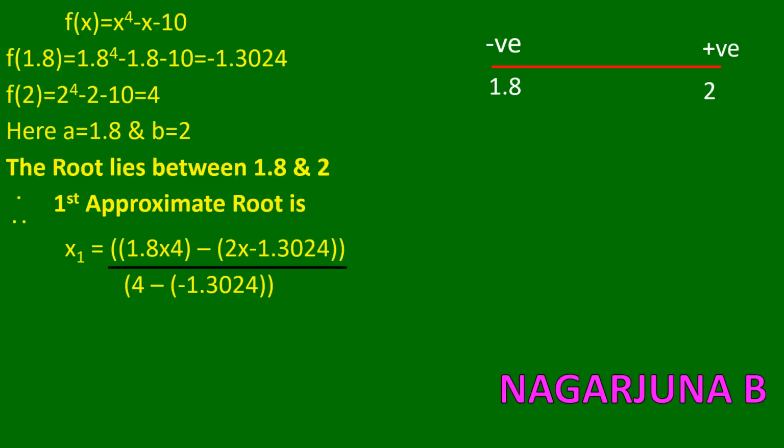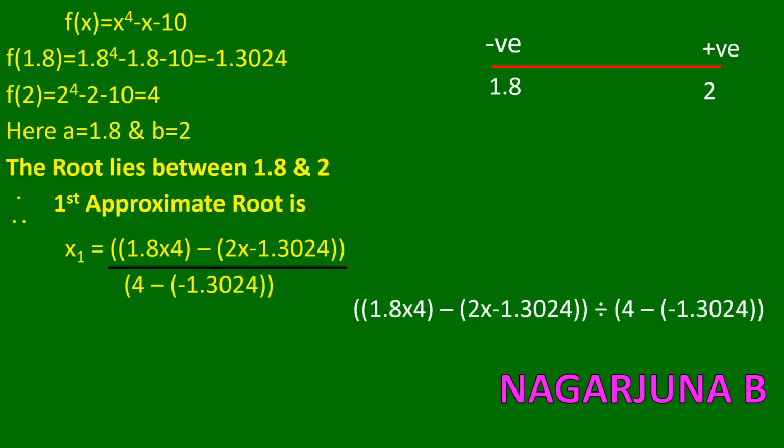While writing in the calculator you need to write in this way: open the bracket, 1.8 into 4, close the bracket, minus, open the bracket, 2 into, in a calculator there will be a small minus sign, click on that one, then you will get a minus sign over there.